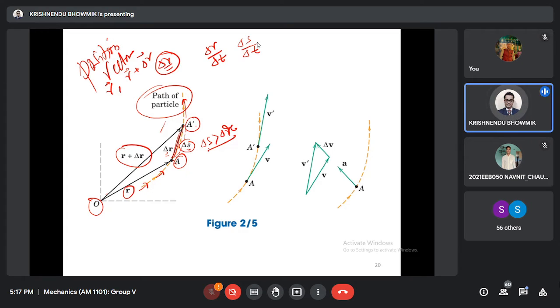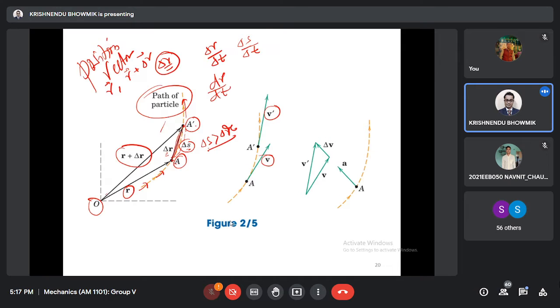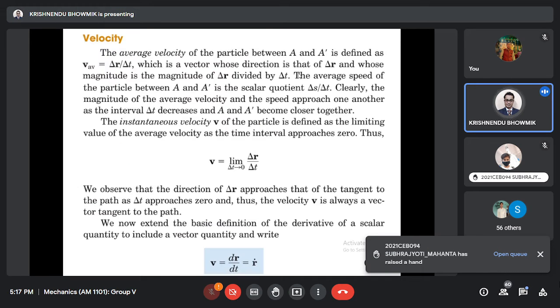Now if somebody wants to calculate the instantaneous velocity, you will do dr by dt, yes, dr by dt, here you will get the velocity.